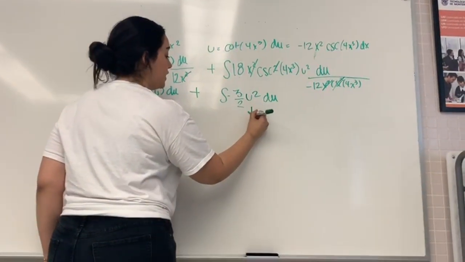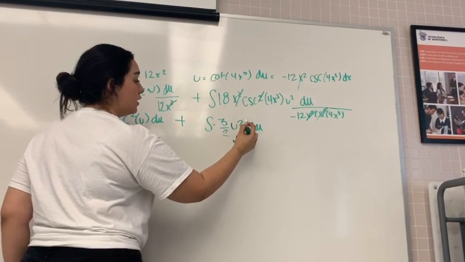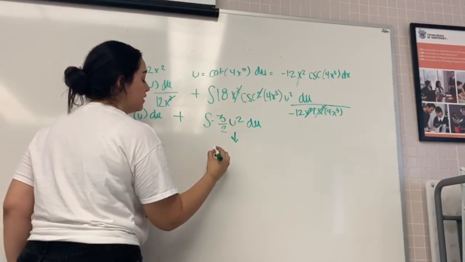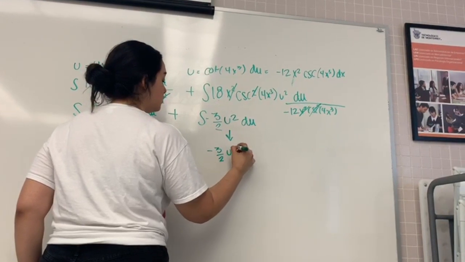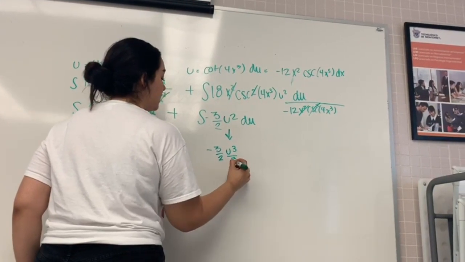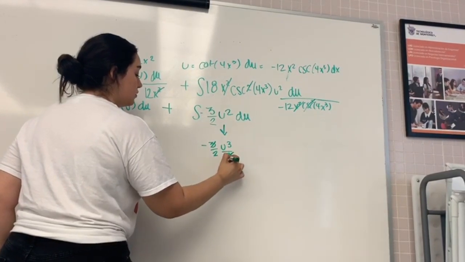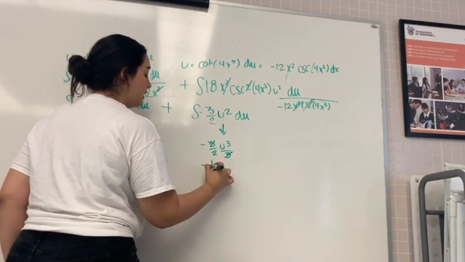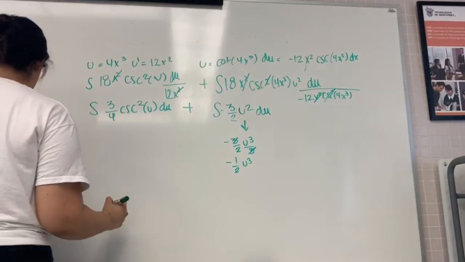What you have to do here is add 1 to the power and then divide. So you will get negative 3 over 2 u to the 3 over 3, and then you multiply and this cancels out, so you have negative 1/2 u to the 3.